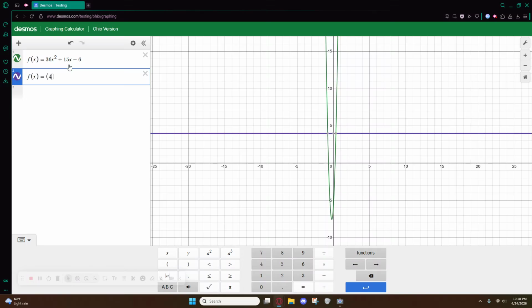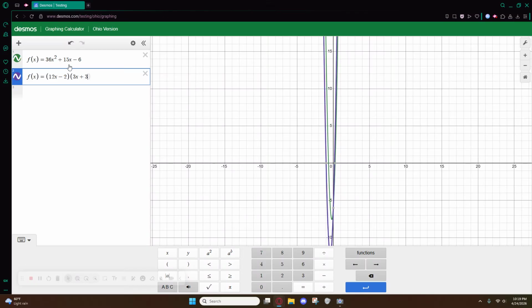F of x equals (4x minus 1) times (3x plus 2). Does it overlay it perfectly? No, not that choice. B, f of x equals (12x minus 2) times (3x plus 3). Does that overlay it perfectly? No. Get rid of it.